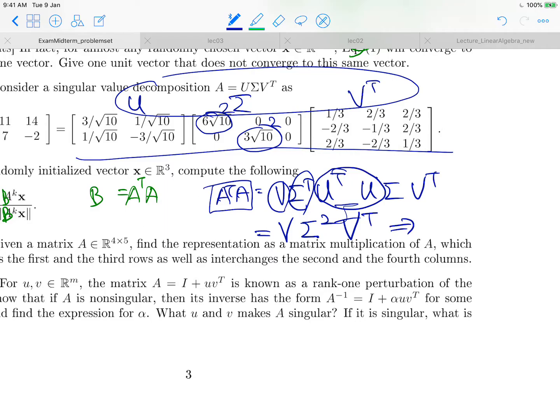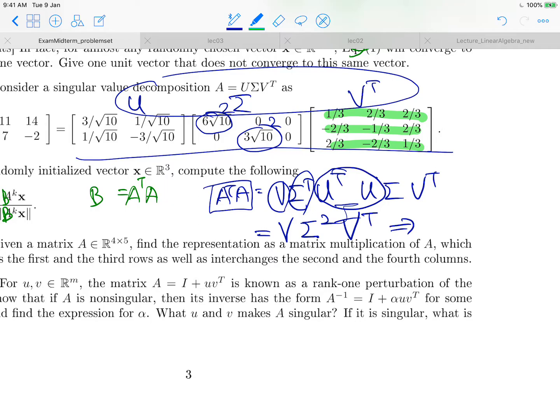And then we have this V, which is these 3 columns as our eigenvectors of A transpose A, right?